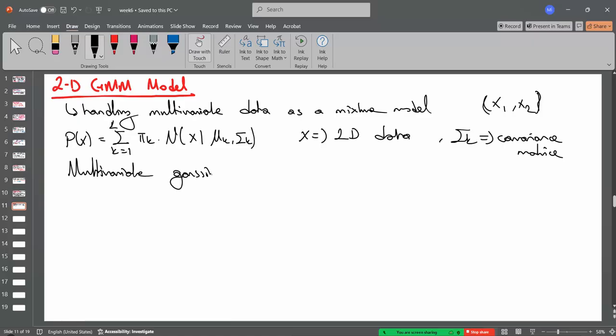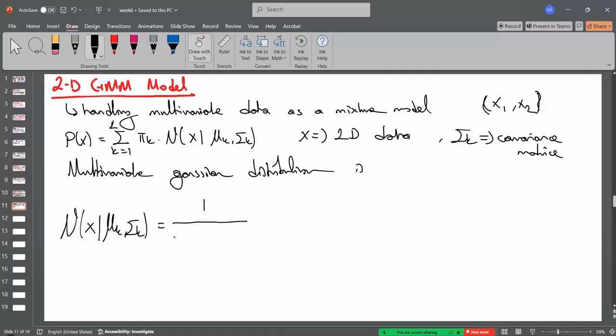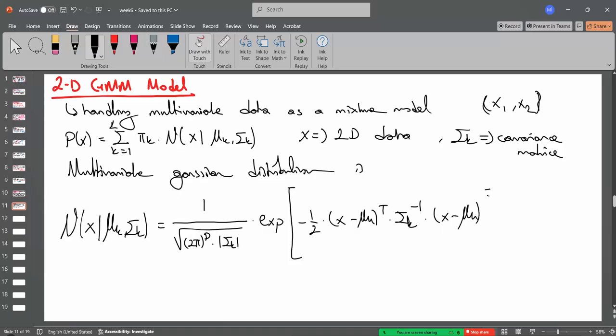And so the multivariate Gaussian distribution is given by the normal distribution of x given mu k and sigma k, which is equal to 1 divided by the square root of (2 pi)^d times the determinant of the covariance matrix, times the exponential term of minus 1 divided by 2 times (x minus mu k) transpose times the inverse of sigma k times (x minus mu k), okay?